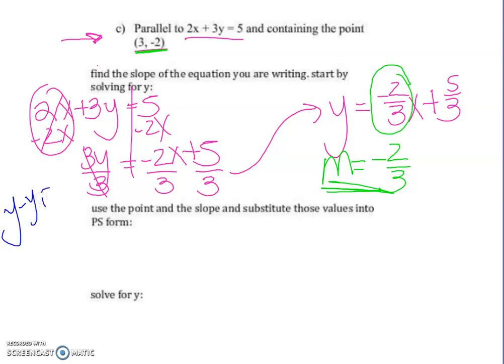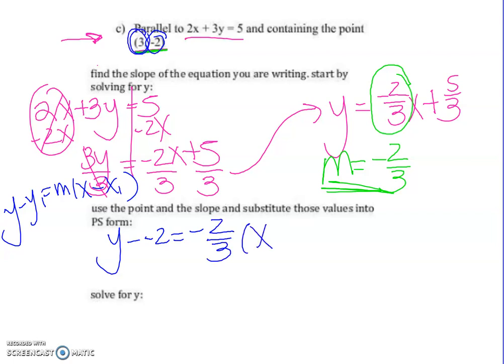Y minus y1 equals m times x minus x1. Okay. So substitute in: y1 is negative 2, m is negative 2/3, and x1 is 3.